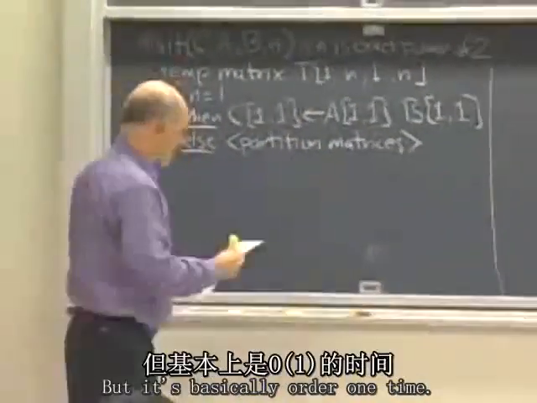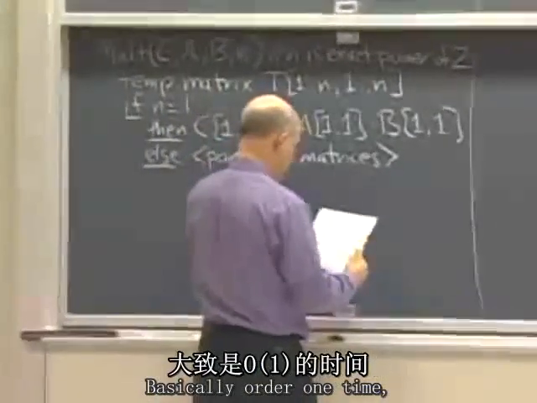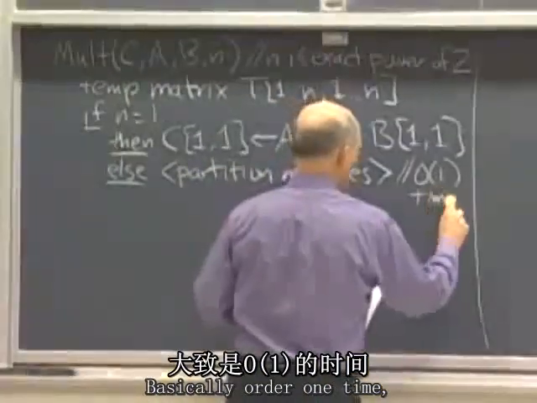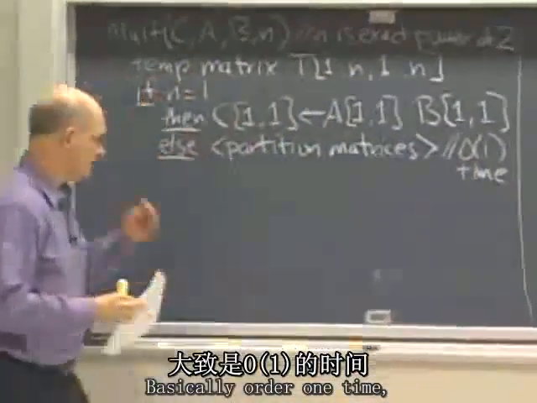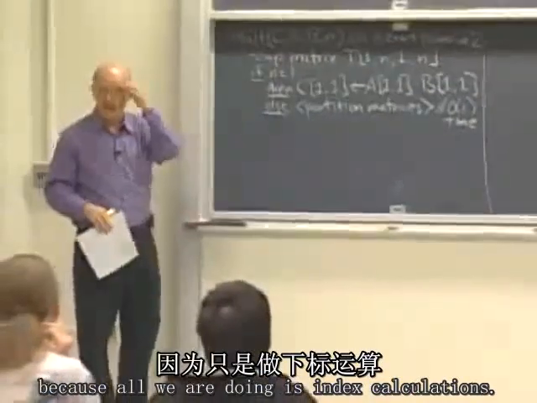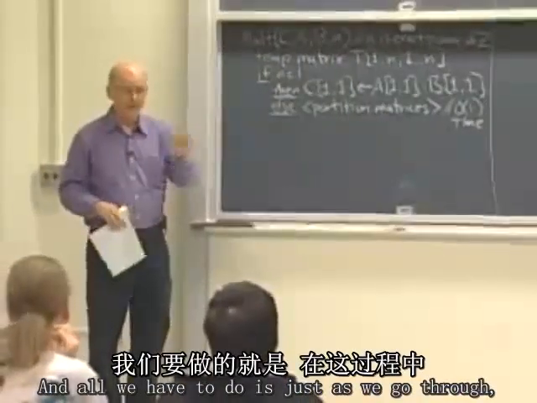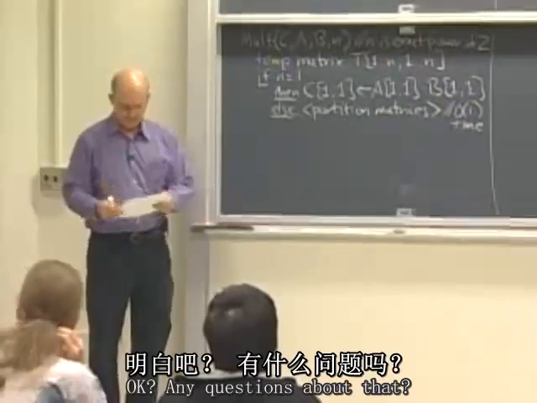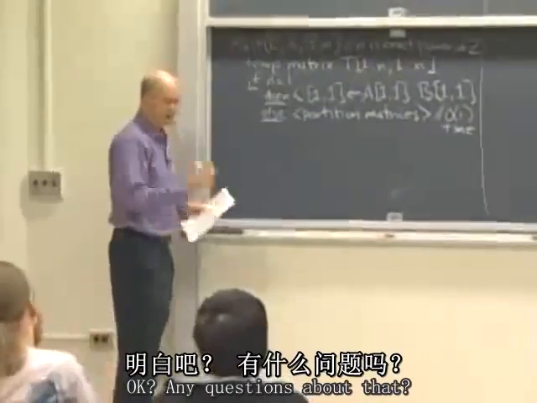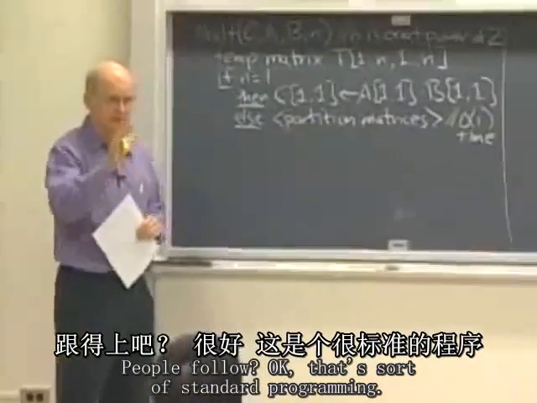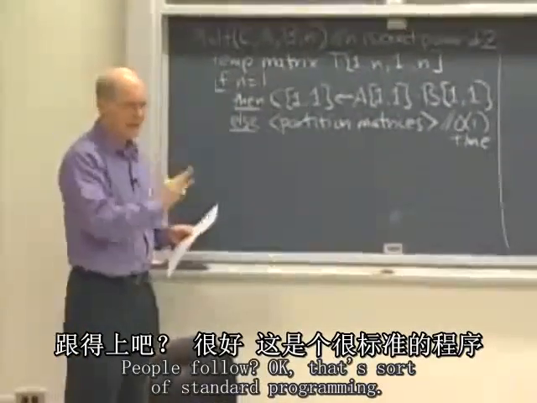But it's basically order 1 time to partition the matrices, because all we're doing is index calculations. And all we have to do, just as we go through, is make sure we keep track of the indices. Any questions about that? People follow? Okay, that's sort of standard programming.